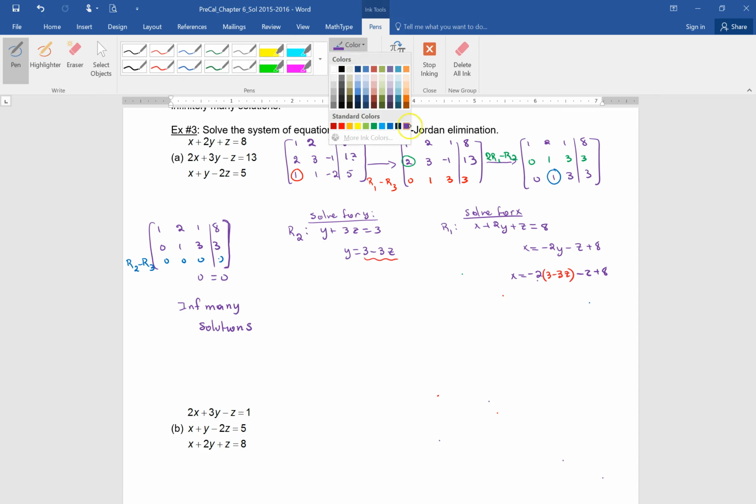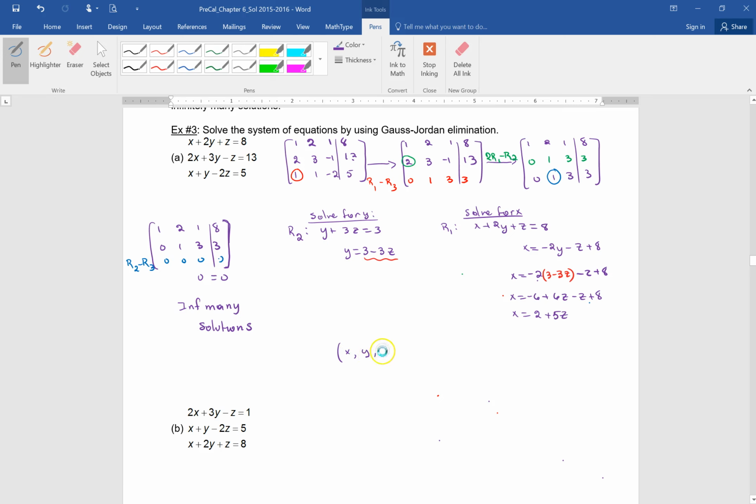Okay, so let's distribute and simplify. x is equal to minus 6 plus 6z minus z plus 8. x is equal to 2 plus 5z. Yes?